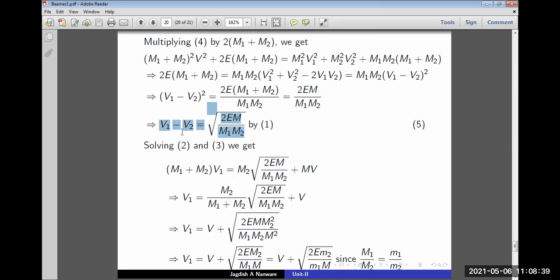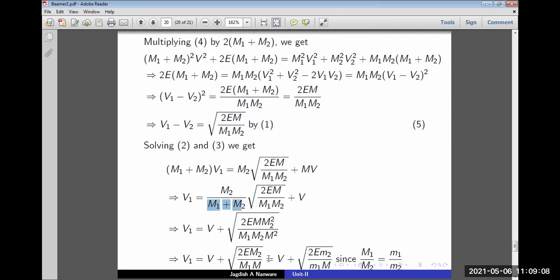Here you can take the value of V1 as this, V2 plus the square root of this, and simplify. So what is V1? V1 is this. Again simplify further. For this m1 plus m2, you can write capital M, using equation 1.